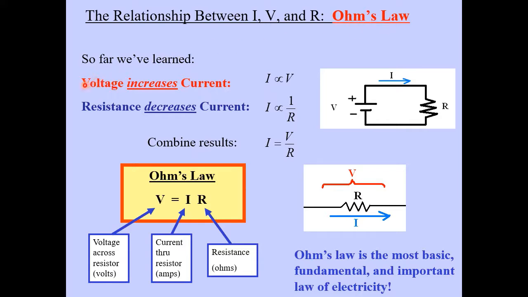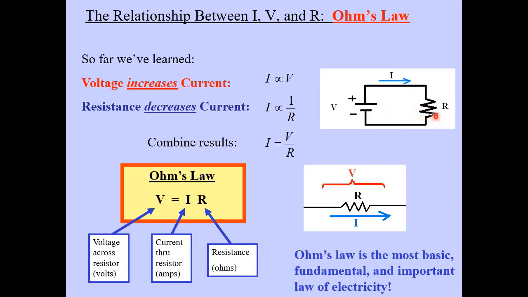So again, what we've learned so far in part 1 is that voltage increases the current. You can think of the voltage kind of like a pump that's pumping the current around the circuit. So the current I is proportional to the voltage, meaning if we increase the voltage, we get more current. On the other hand, the resistance decreases the current.